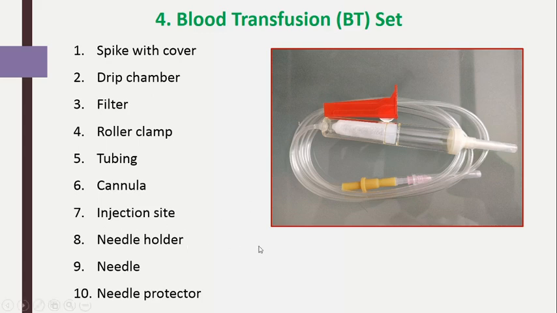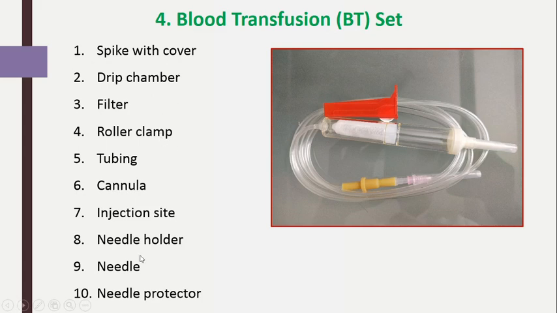Next part is the needle cover. You can see in this picture, inside this there is a needle, and this particular outer material is called the needle holder, which helps to hold the needle. Another one is the needle, for injecting the blood here, and the next part is the needle protector, which helps to protect the needle.